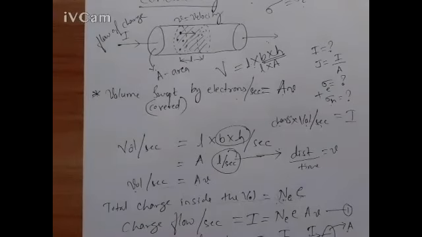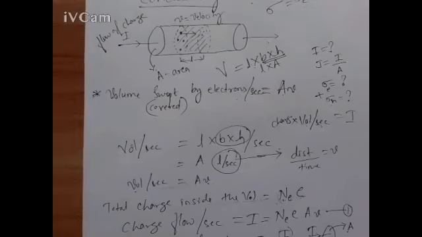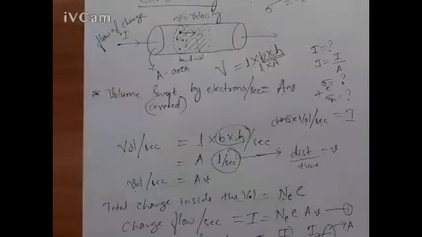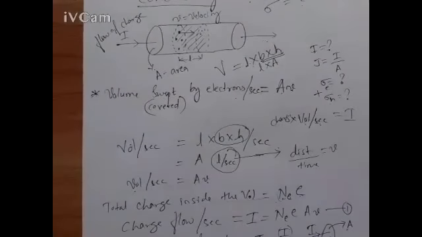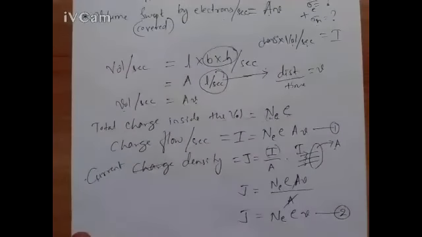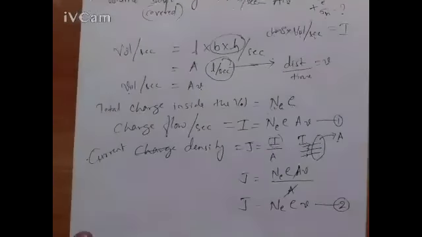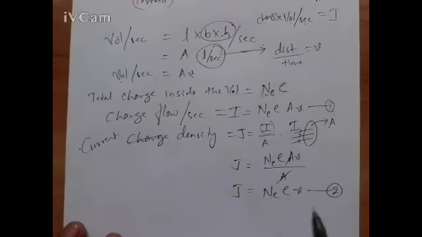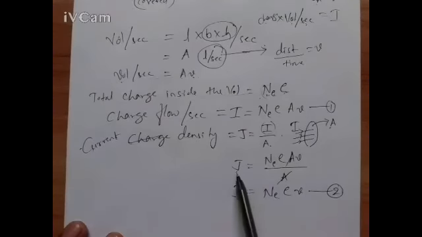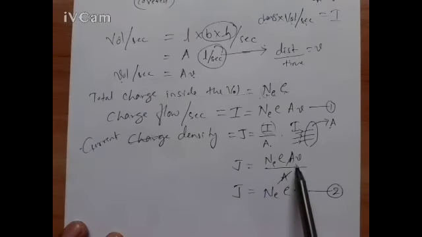Now let us substitute this I. What is I? I is n e A v. So J is equal to I divided by A, that is n e A v divided by A. So A will get cancelled.